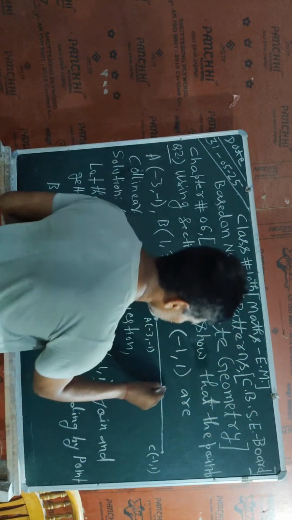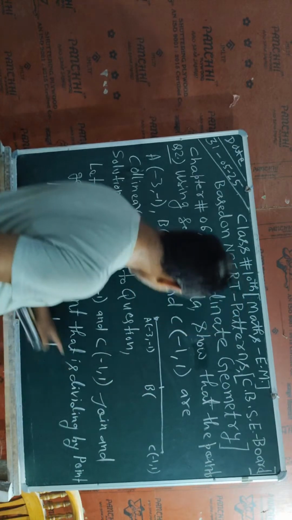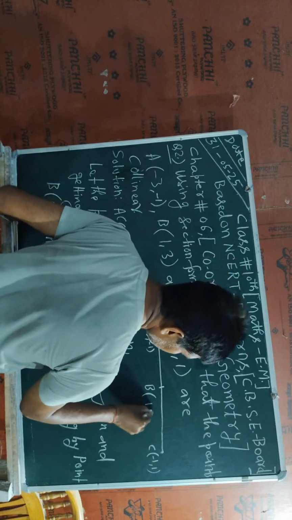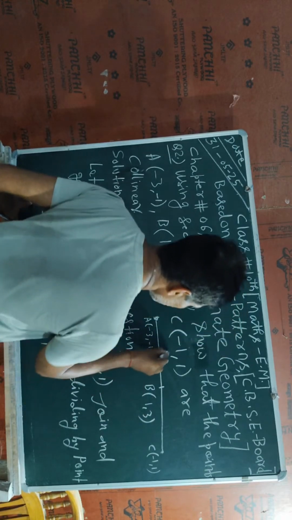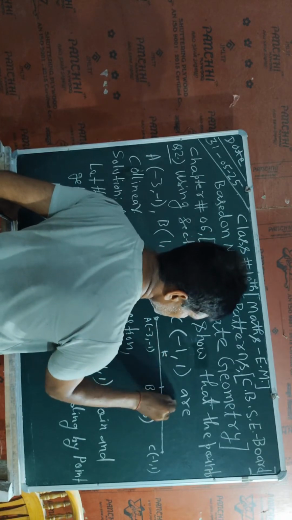And the other point is B, whose coordinate is also given in the question, that is 1 comma 3. And I have supposed that this line segment is divided in the ratio k:1.